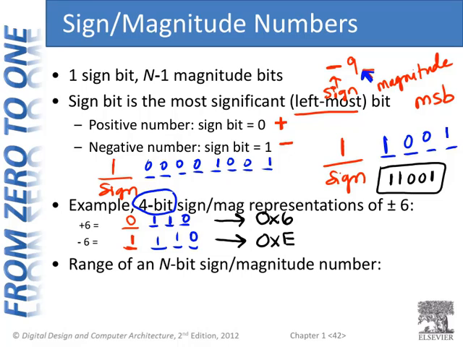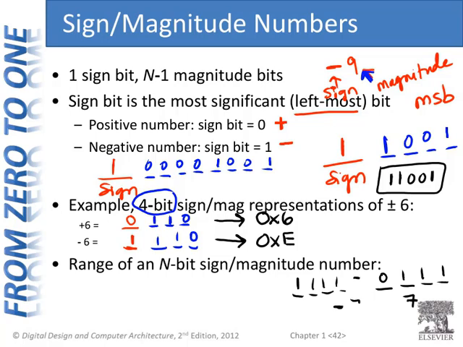What is the range of an n-bit signed magnitude number? Well, let's write it out for 4 bits. Again, use an example and then extrapolate it to the general principle. So for 4 bits, the most positive number is 0, 1, 1, 1. The most positive number is 7. The most negative number is, well, that same magnitude, 7, but now negative.